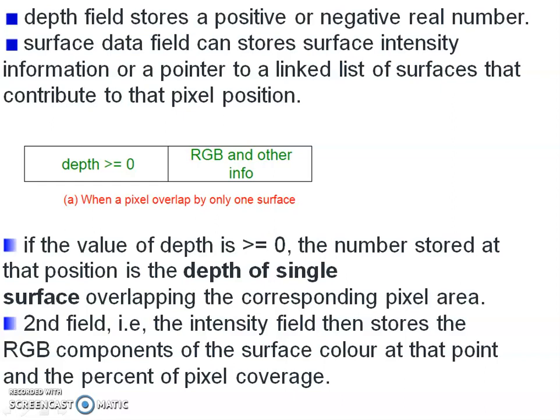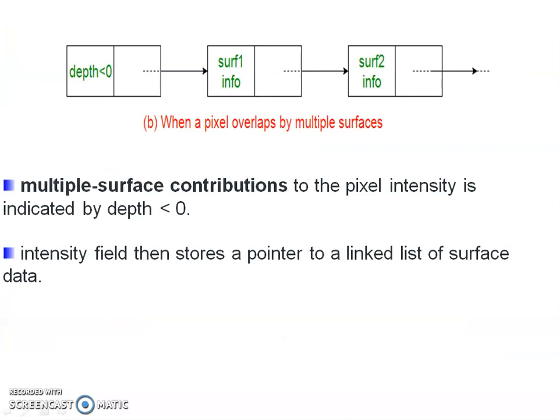When a pixel overlaps only one surface, the depth value is greater than or equal to 0, and the number stored is the depth of the single surface. The second field, the intensity field, stores the RGB components of the surface color at that point and the percentage of pixel coverage.